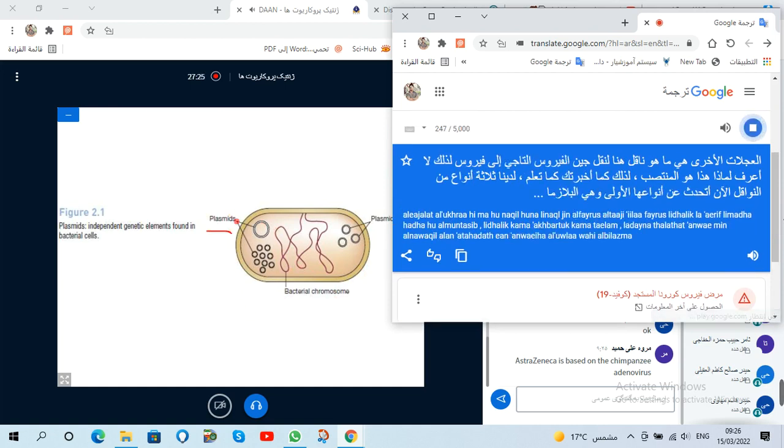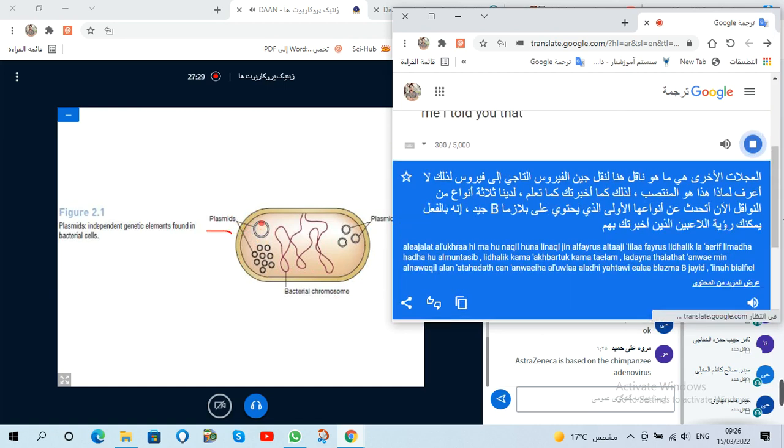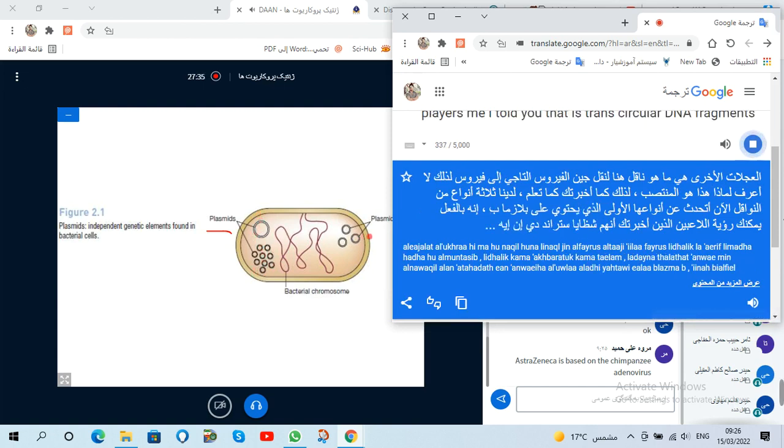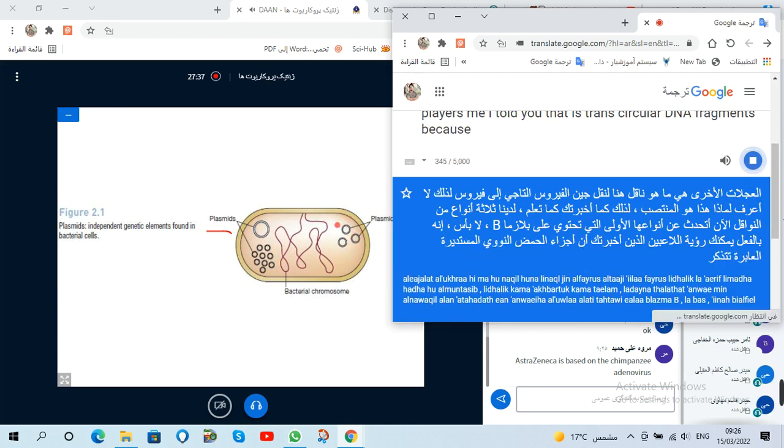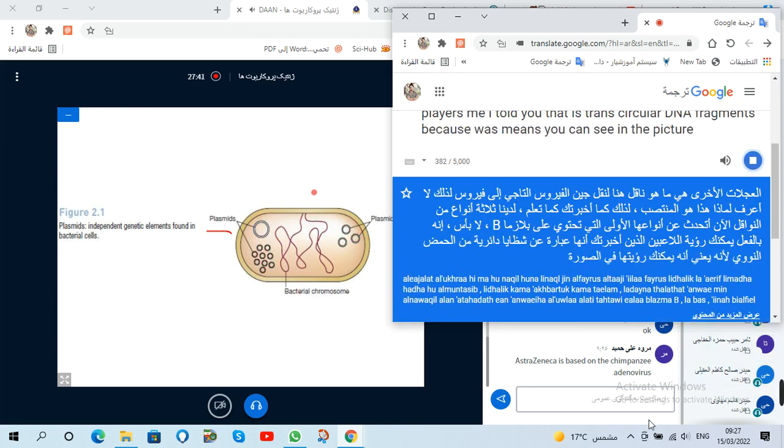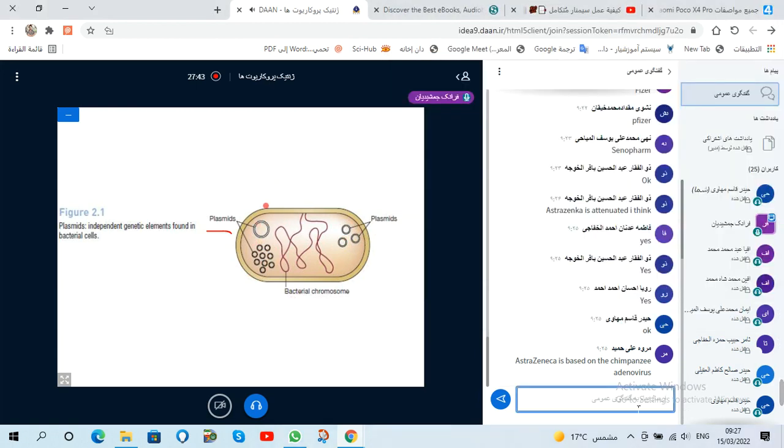Okay, here you can see plasmid. I told you, double-strand circular DNA fragments we call plasmids. You can see in the picture, and this is the bacterial chromosome. I told you they can replicate independently.